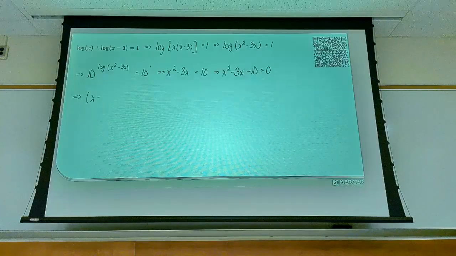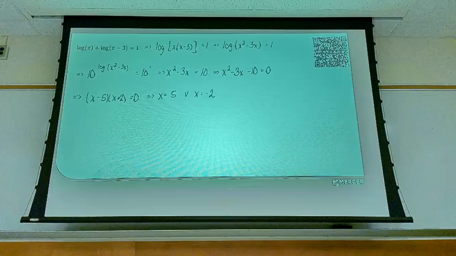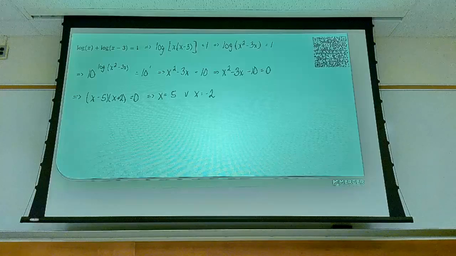5, 2. This time it'll be x minus 5 times x plus 2. This gives the two solutions, either x is 5 or x is negative 2. And now just check each one.